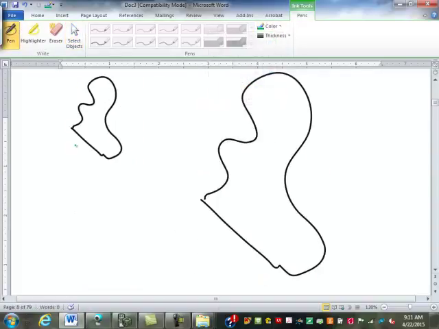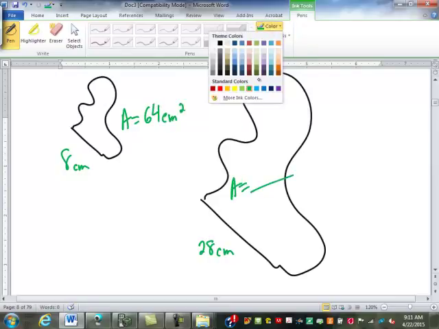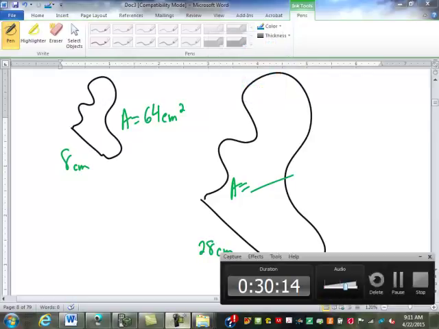Where this was 8 centimeters, and it's going to go to 28 centimeters. And the area of this was 64 centimeters squared. And I want to find the area of this. Try that in your notes.